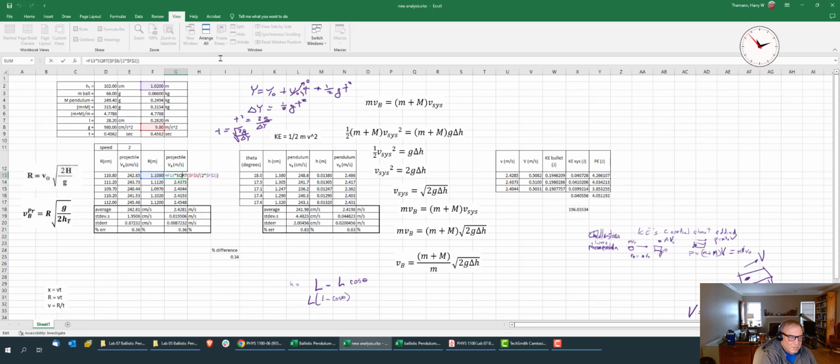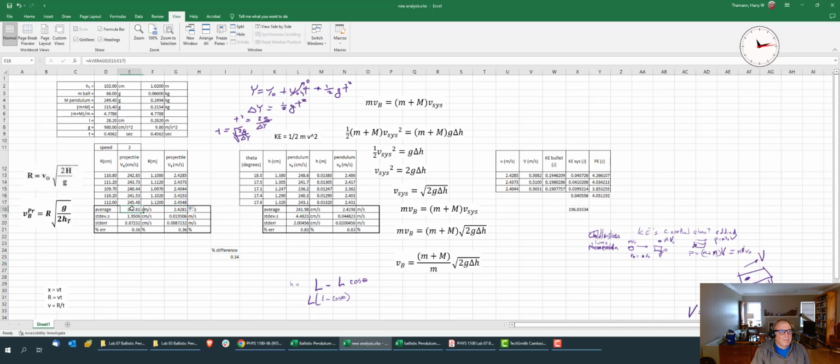And so ultimately the answers are the same, except the decimal place is moved. And of course, after I construct the equation, I drag it down with the fill handle. And there we go.